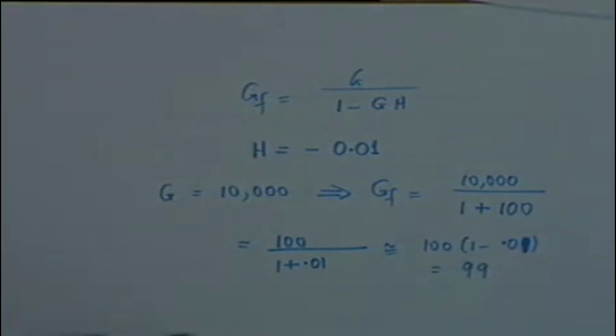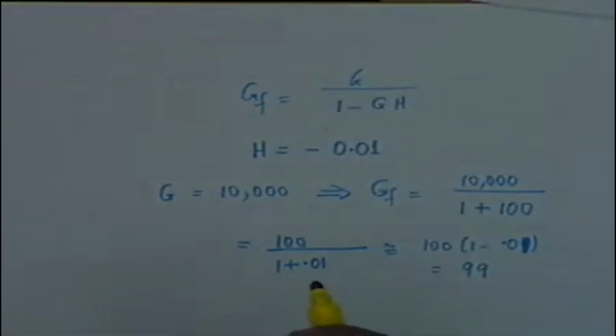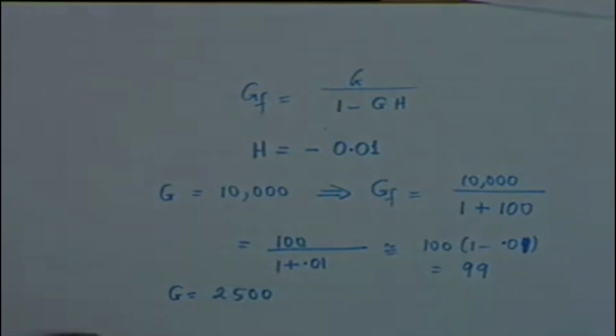Suppose due to a change of temperature or device, maybe the op-amp is replaced by another op-amp, the gain changes drastically. Suppose the gain becomes 2500. That is, it drops by 75% of its value. How does GF change?